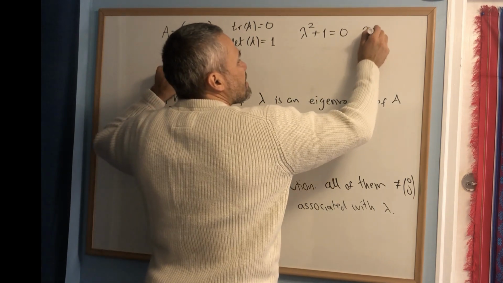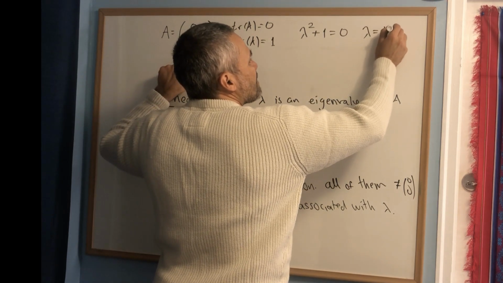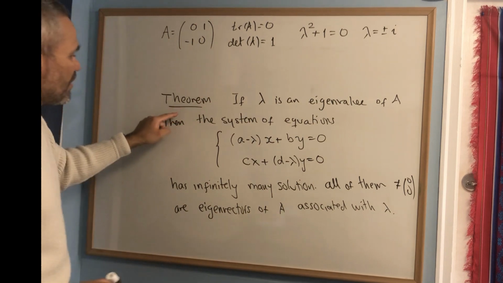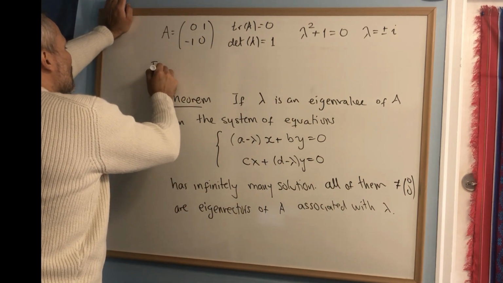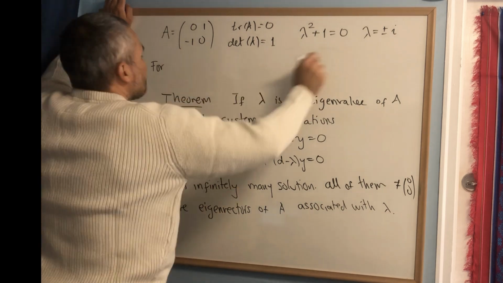And that means that lambda equals plus or minus i. Then if we want to compute the eigenvectors, we pick one of them, for lambda equal i.